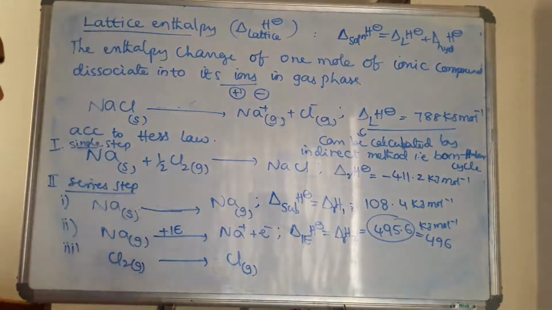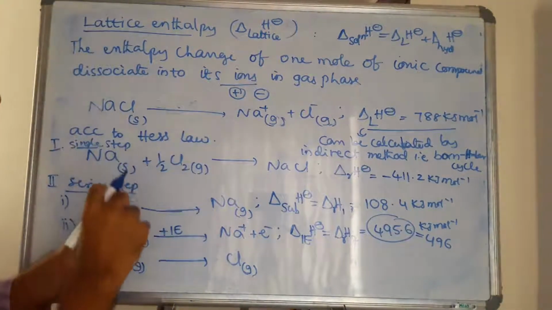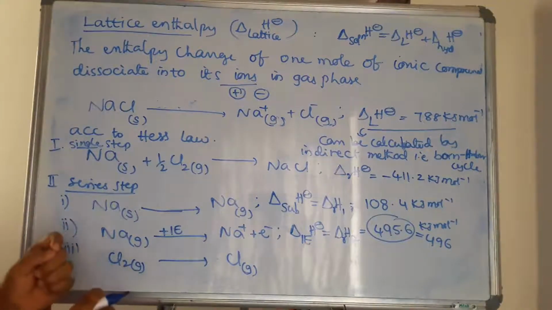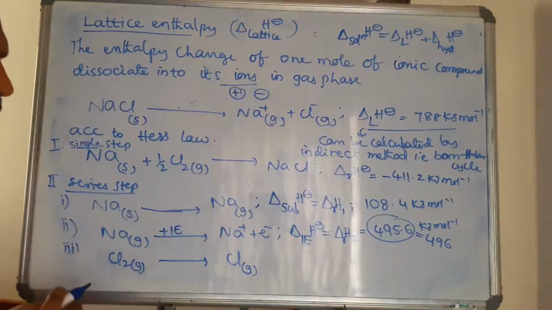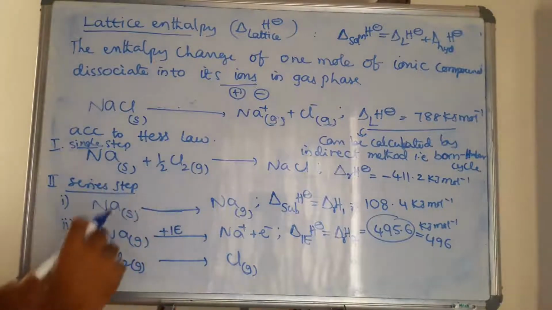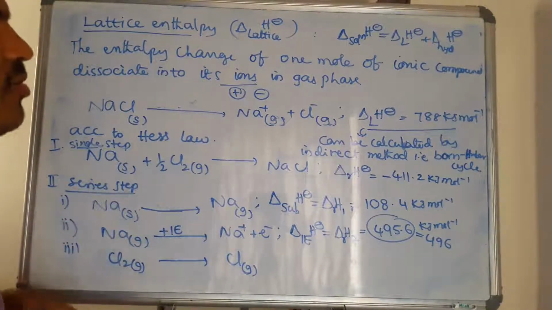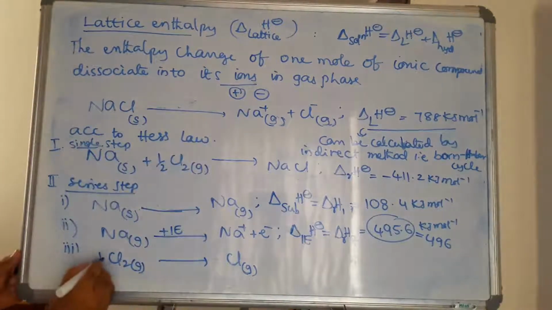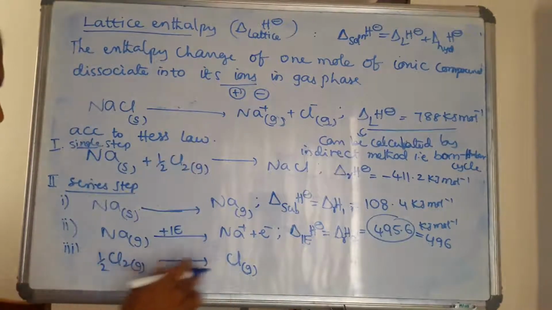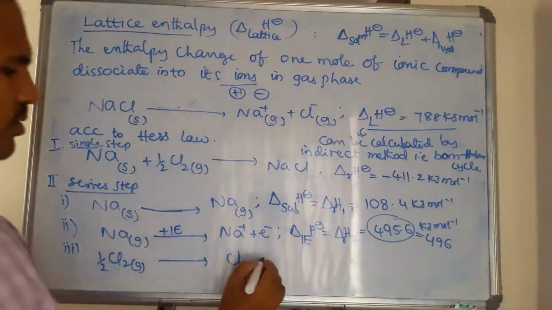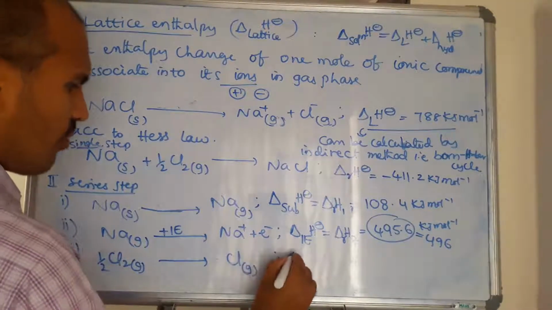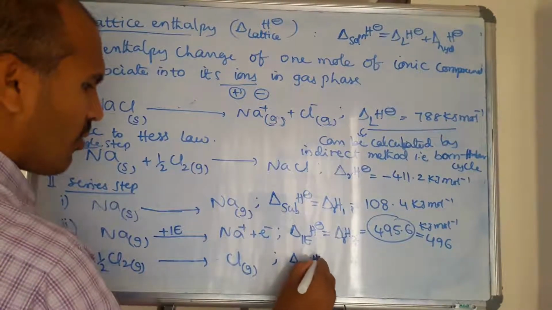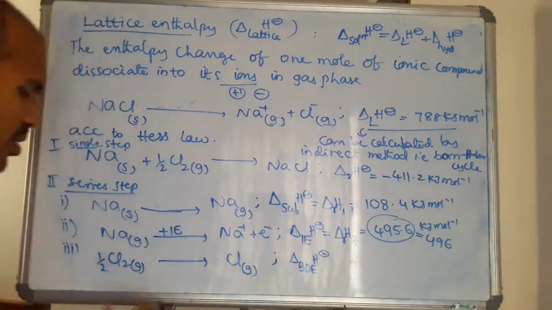Cl minus means what? When you add an electron to any atom, that will be converted into an anion. So what is that? Electron gain enthalpy or electron affinity. When you add an electron to an isolated gaseous atom, energy will be released. But we want 1 Cl, therefore we have to make it half, then here 1 Cl is balanced. This will be gaseous form, then this is known as bond dissociation enthalpy, because now it is dissociated.